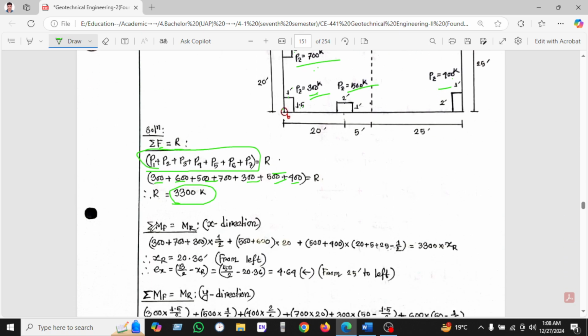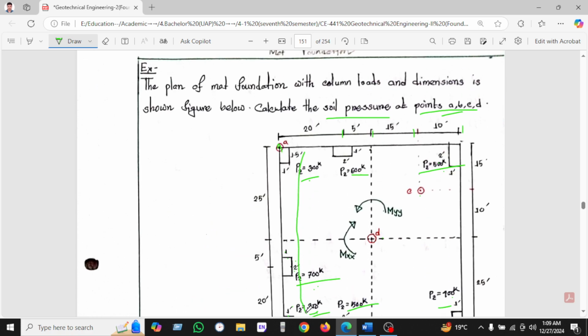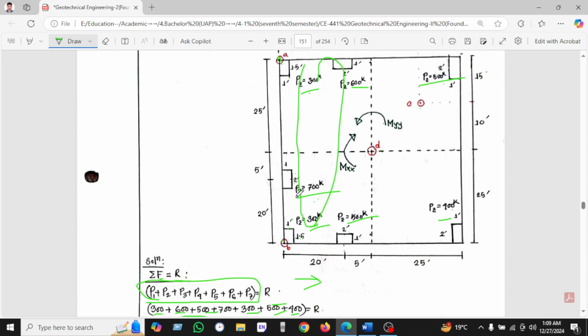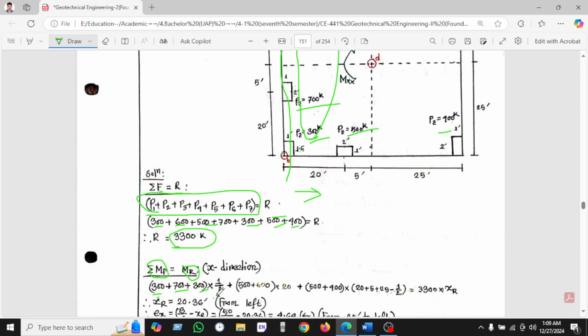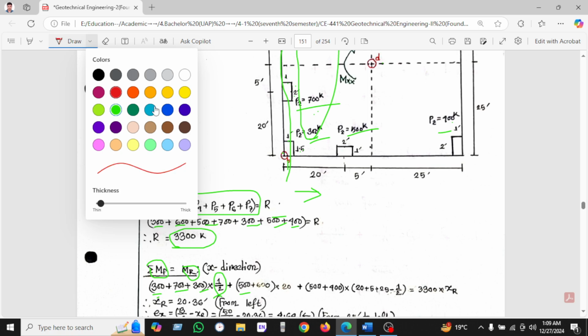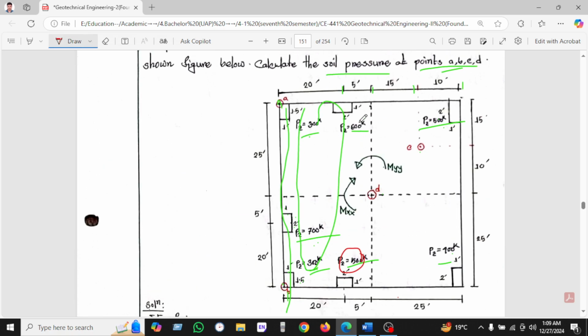Now we will calculate the applied moment equal to resisting moment. So x direction. Okay, so this is the x direction. So A1, so 300, 700, 300. This portion we can calculate now. This load, and all the loads are peripheral, which is A by 2, 1 feet by 2. And now we'll check the second row, which is 500 and 600.